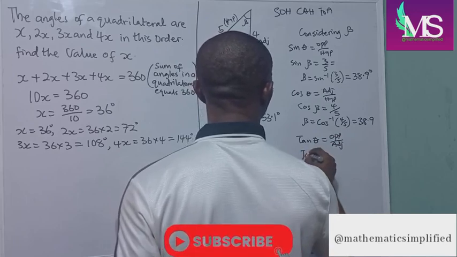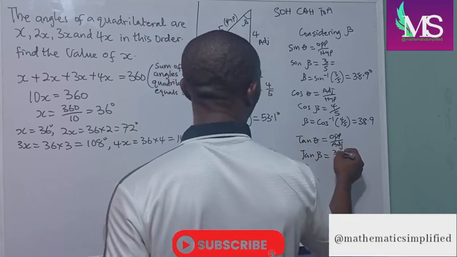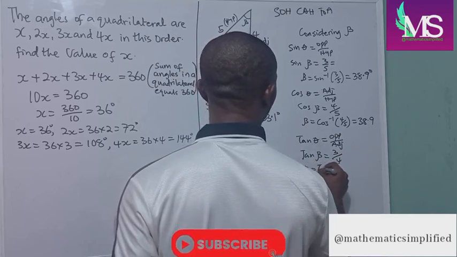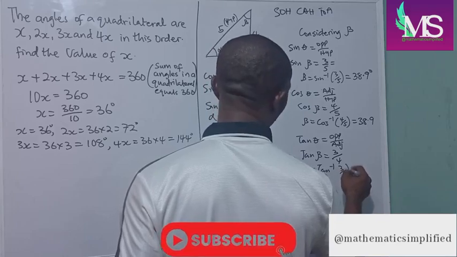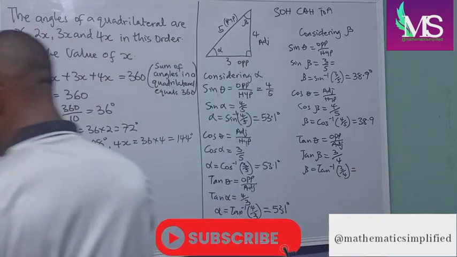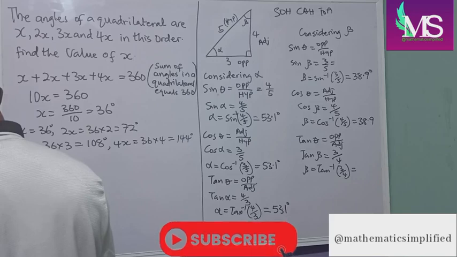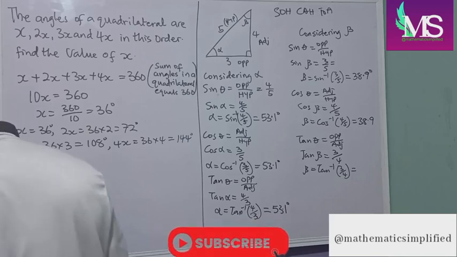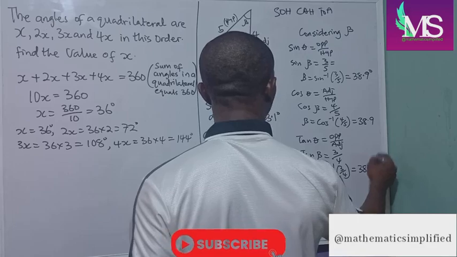So tan beta equals opposite is 3, adjacent is 4. So beta equals tan inverse of 3 over 4, which gives us still 38.9 degrees.